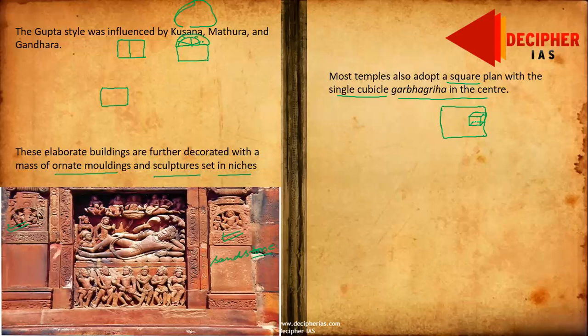Here the main deity of the temple was installed. And this is the entrance part with the gavaksha, and somewhere atop this cube there was the shikhara part with the disc amalaka, which we talked about earlier.